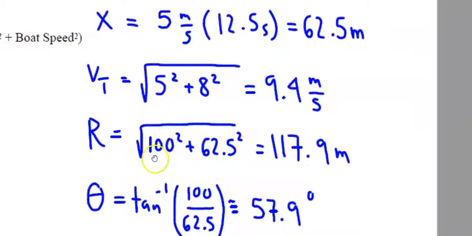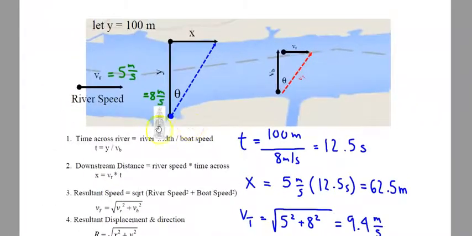The river was 100 meters wide, and the downstream drift was 62.5. If you take the Pythagorean of that, you get 117.9. So it goes a little further. It goes 17 meters longer than it would have gone had it been able to go straight across without getting pushed downstream by the river.